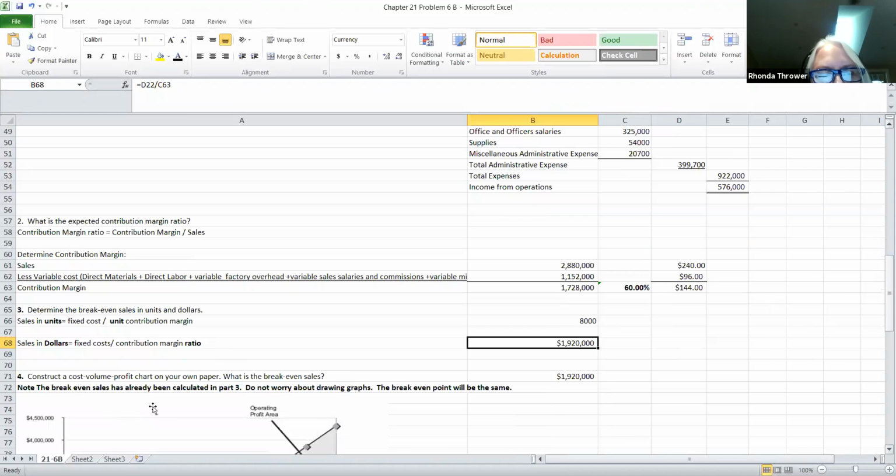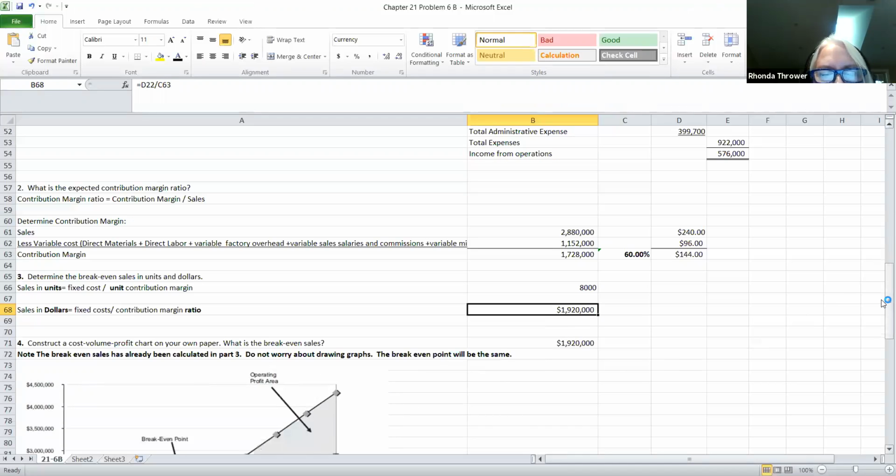In part 4, they wanted you to construct a cost volume profit chart on your own sheet of paper. So you don't have to do this really, because all they're asking is what's the break-even sales? Well, we know the break-even sales because we just calculated it. So there's really no point in drawing the graph.